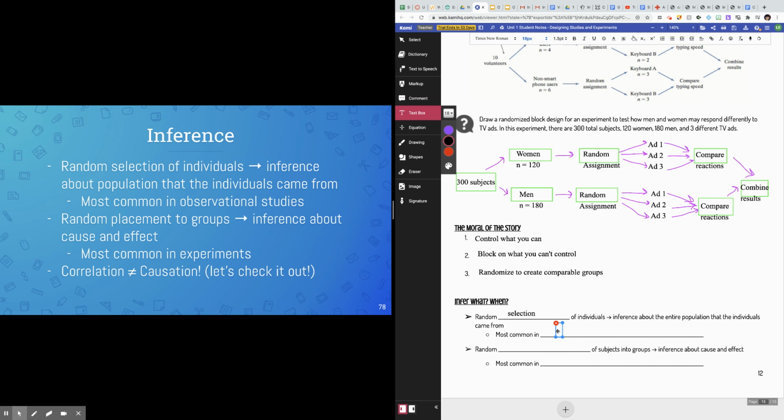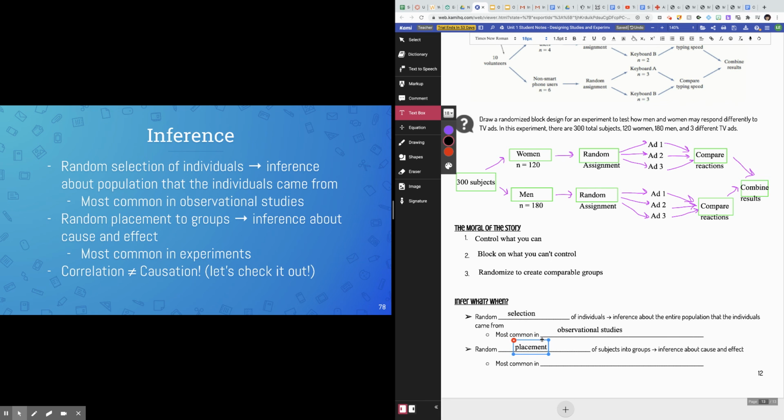So the conclusions that you draw about the sample likely are also true for the population. But that's only because you randomly selected the people, or items, subjects in your study, right? So this is most common in observational studies, right?